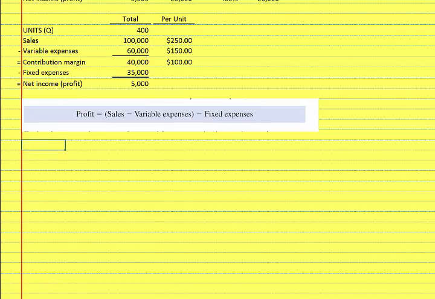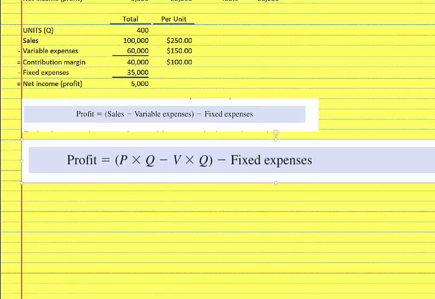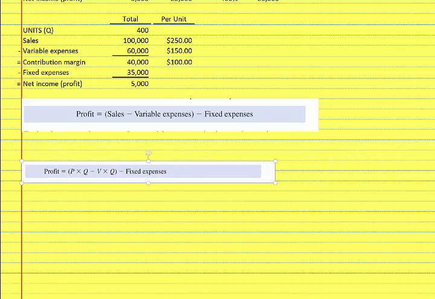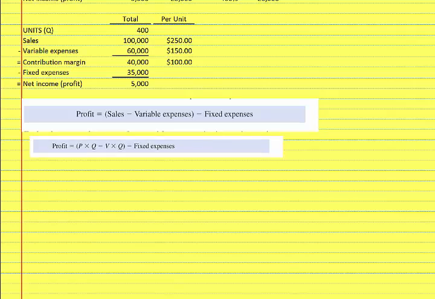Also, your authors on that same page, using the equation approach, show price times quantity, just like we did. We set a price of $250 per unit times quantity of 400 units, and that gave us sales of $100,000.